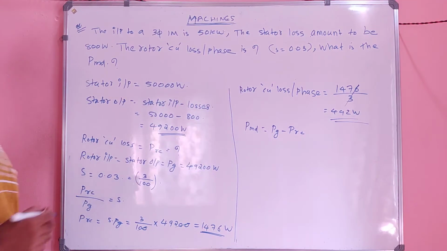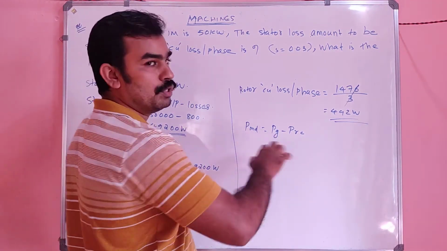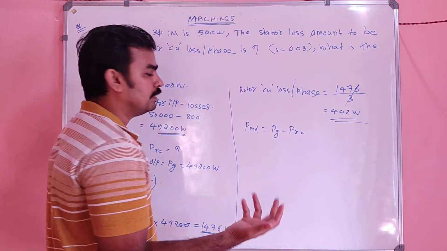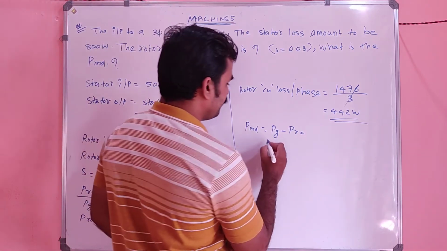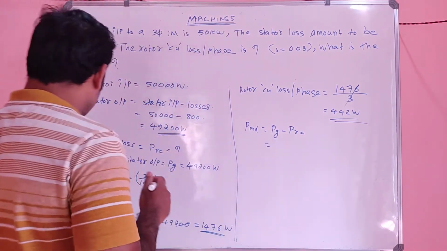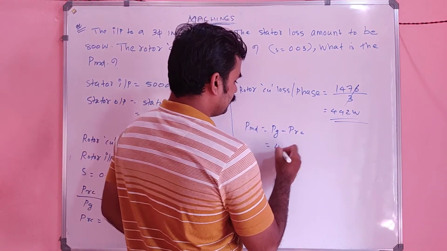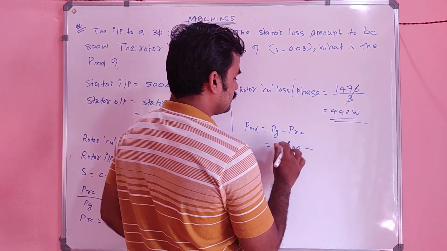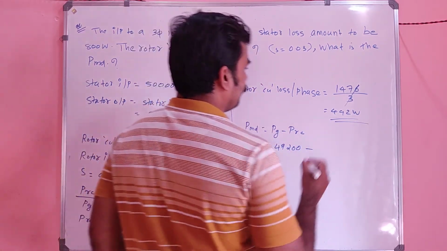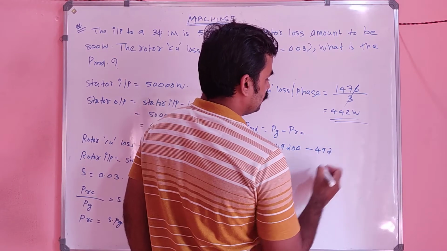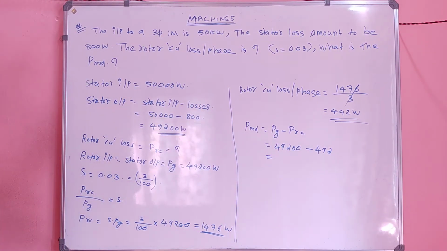Rotor input is PG, the air gap power, so PMD is PG minus PRC. PG is 49,200 minus PRC.